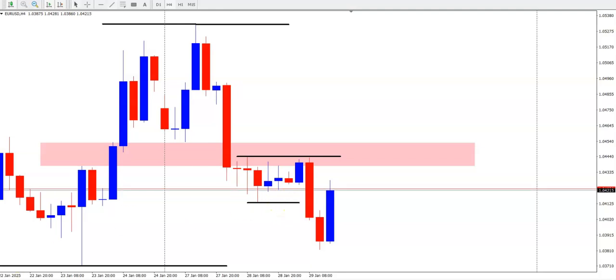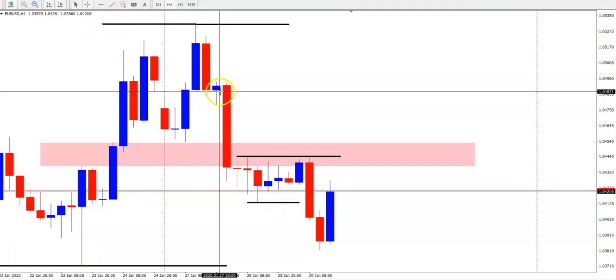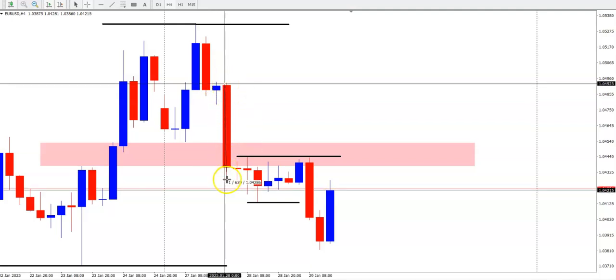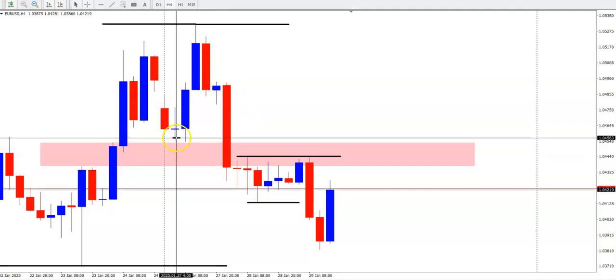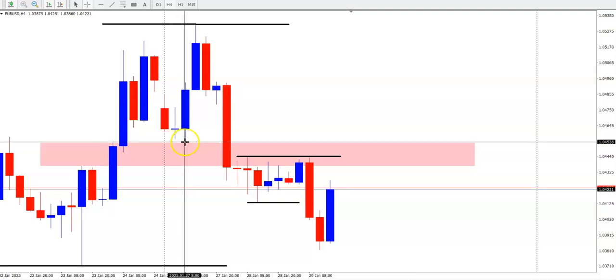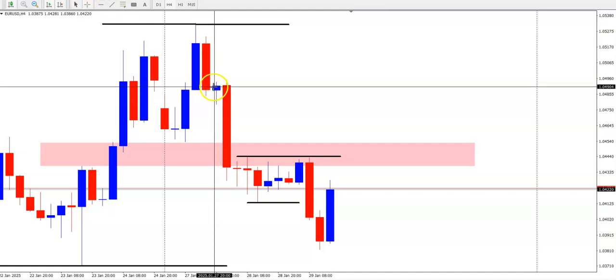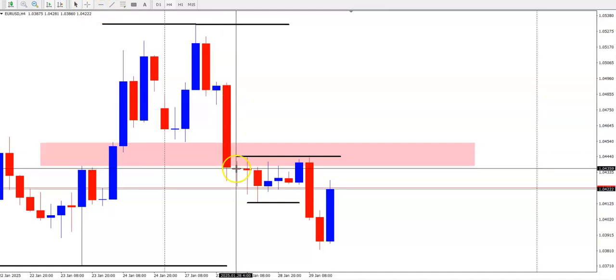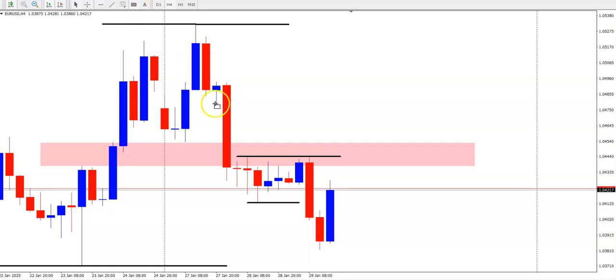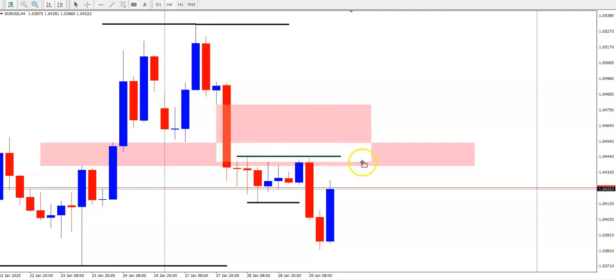What we noticed also on the 4 hourly was, after price broke to the downside yesterday and broke all those previous swing lows here, we had also a bearish fair value gap zone between this candle and this candle down there. So we can mark this zone by connecting the low of the first candle to the high of this third candle, and we can extend this level.